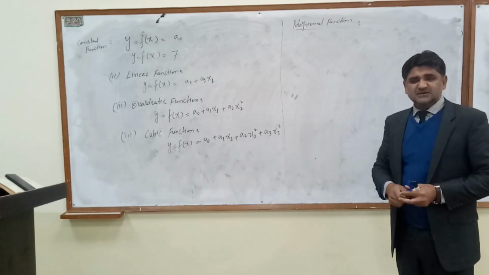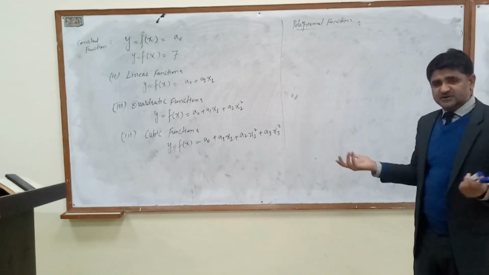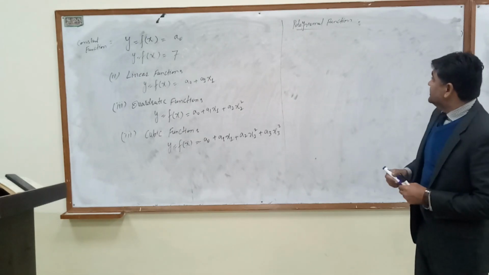It can be 5, it can be 10, it can be 20, whatever. We can name it starting from up to n.